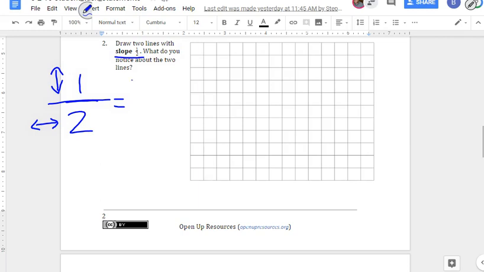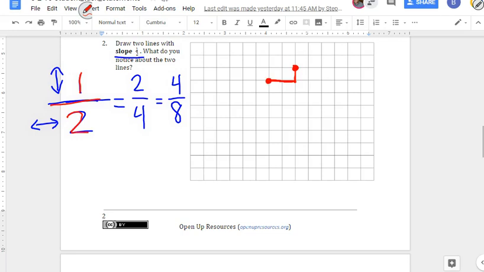So I could use 2 over 4 or 4 over 8 or 3 over 6, and we could go on and on and on. But we're going to focus in on this 1 over 2. So I want you to draw in a line that has a triangle that is 1 vertical box and 2 horizontal boxes.